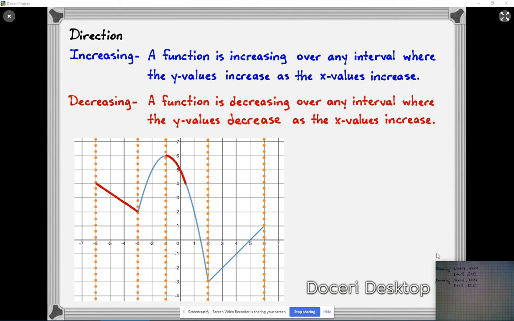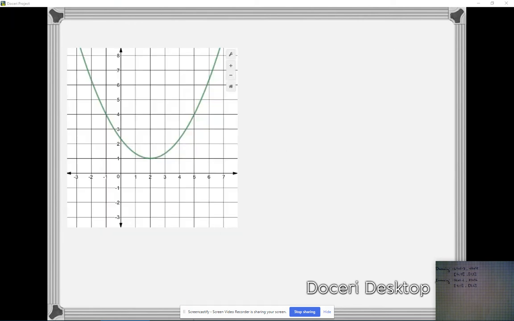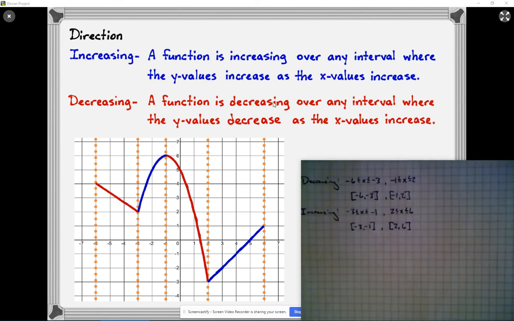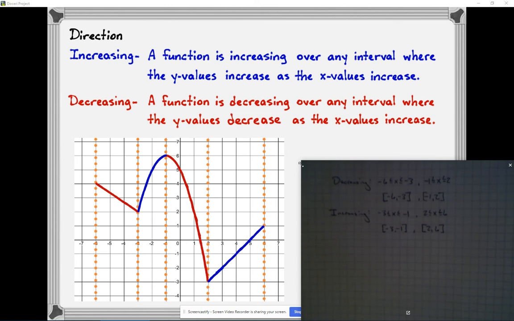So I'm going to highlight it's going downhill there, and it's going downhill there. And it's going uphill there, and uphill there. So we can see our answers make sense based on those regions. The decreasing part is the red part, and the increasing part is the blue parts.